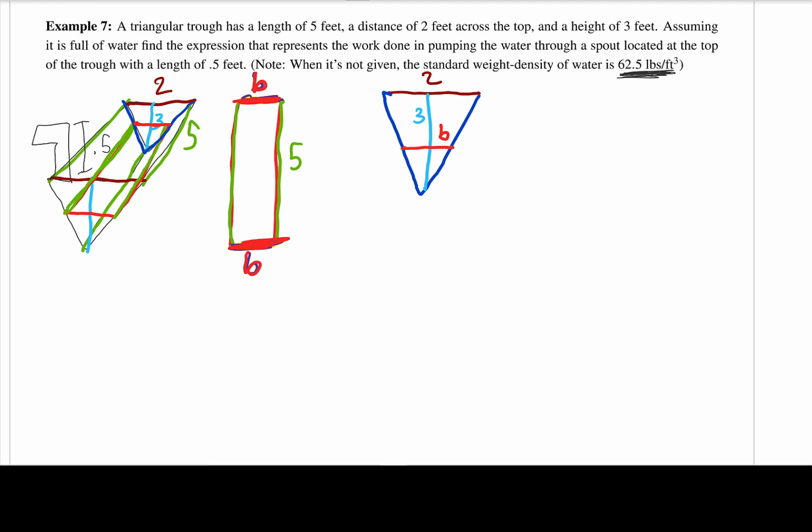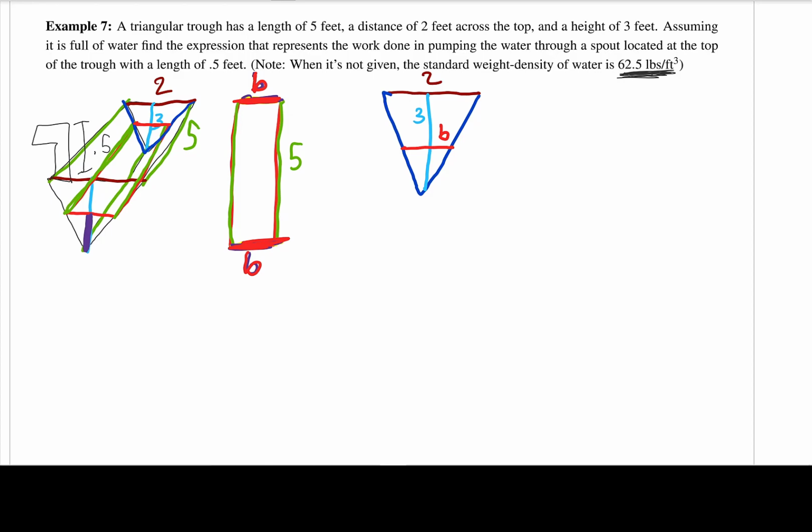Well, I know that this right here is going to be how far up this slice is in our tank. Are we taking the slice all the way at the top, at 2 feet high, at 1 foot high?